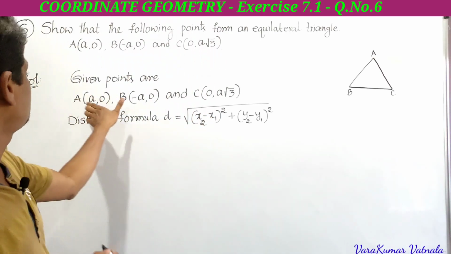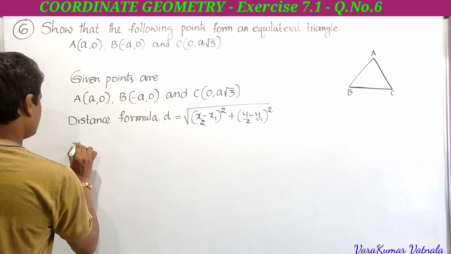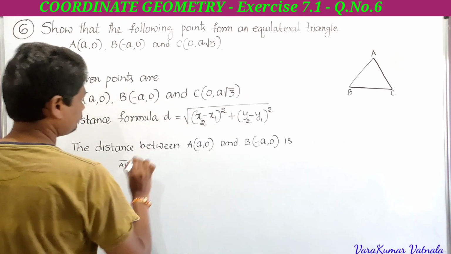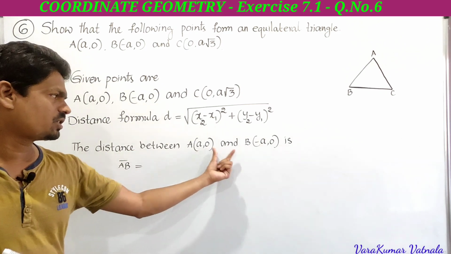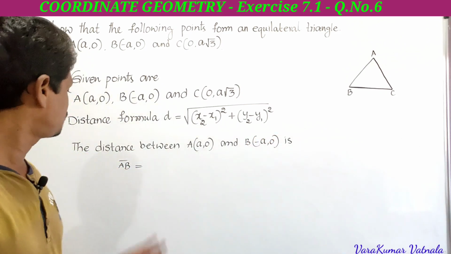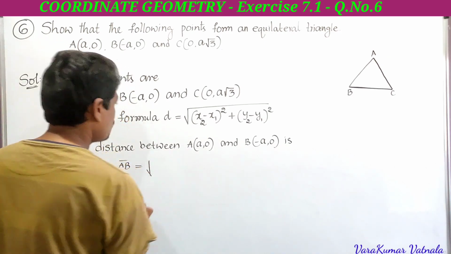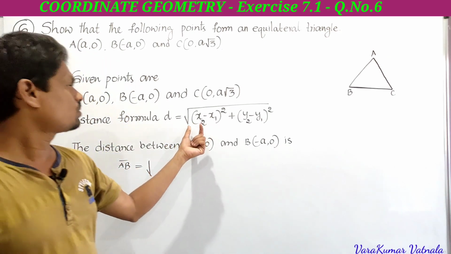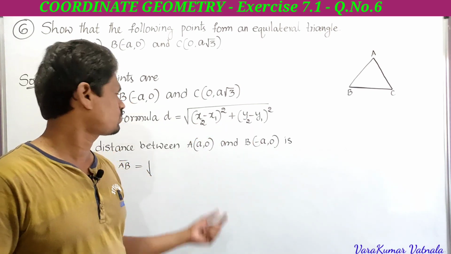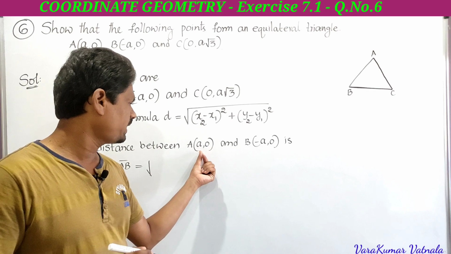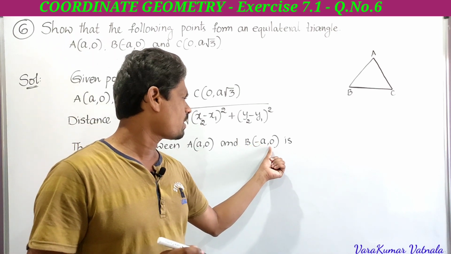Now I have to find the distance between A and B, that is between A (a, 0) and B (-a, 0). Just substitute in the formula. Let the first point be x1, y1 and the second point be x2, y2.